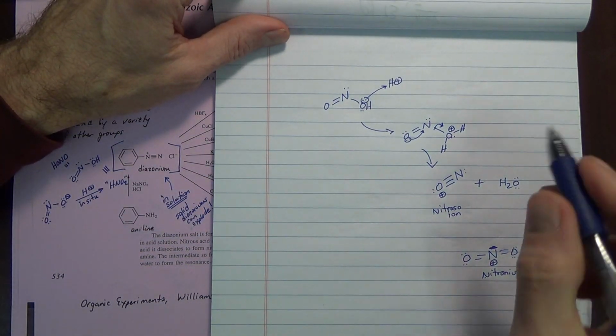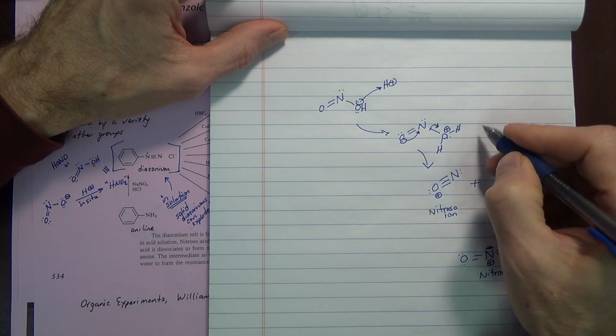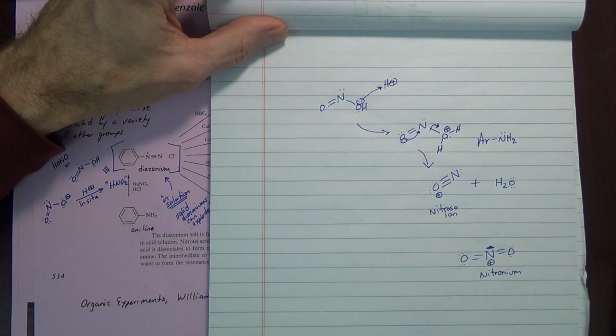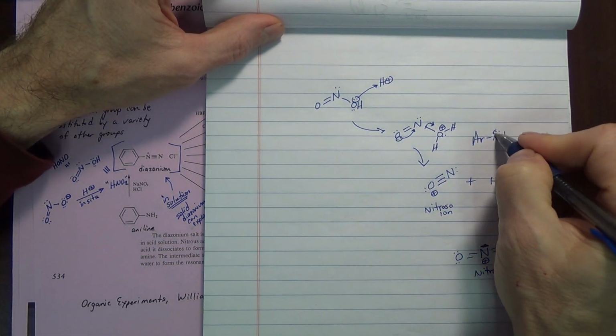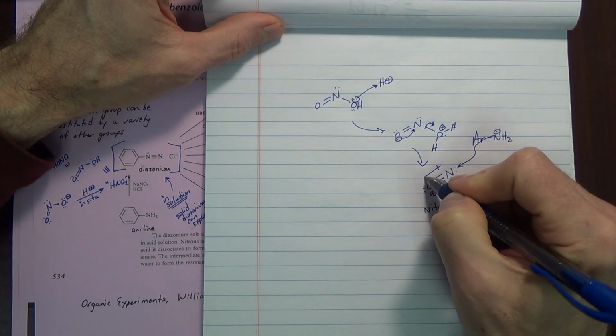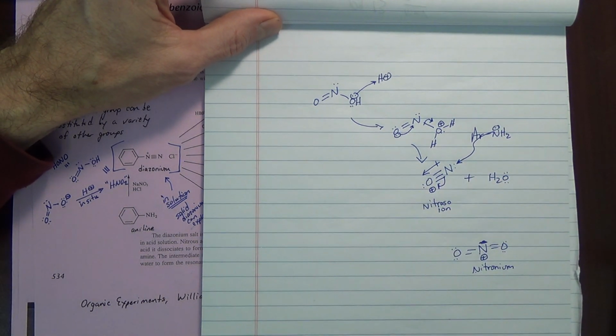Now in this case, if you have an aromatic amine there, it will actually attack this nitrogen here, even though there's a lone pair. You do have a dipole. This oxygen's pulling, and these electrons can move back onto there.